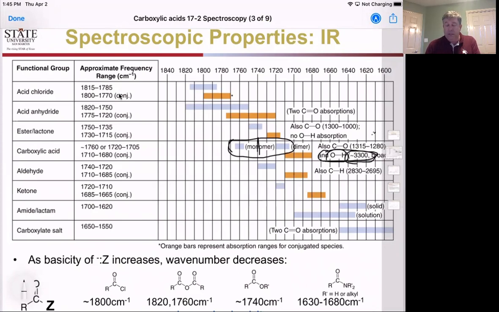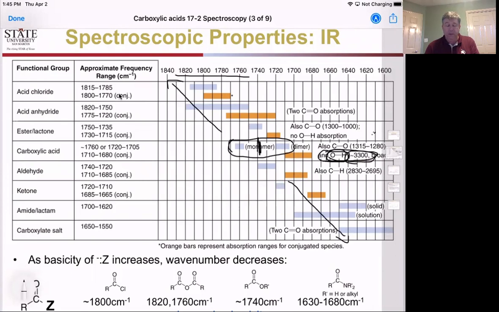So we have our OH as our middle functionality right here, and we can see that things like esters, anhydrides, and acid chlorides shift upfield to give us higher numbers. And then aldehydes, ketones, and amides shift downfield from there.